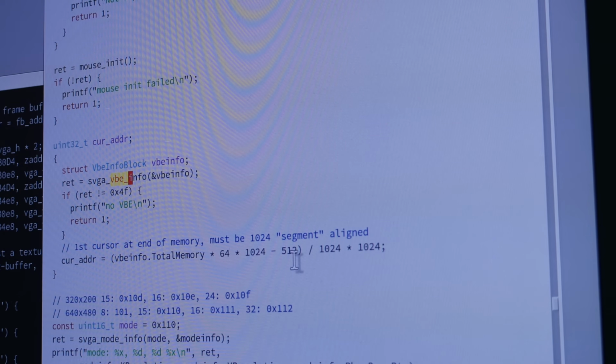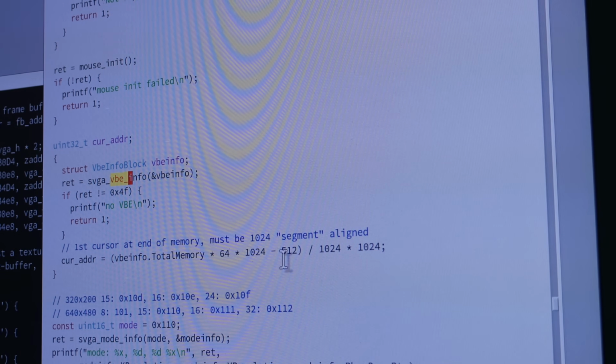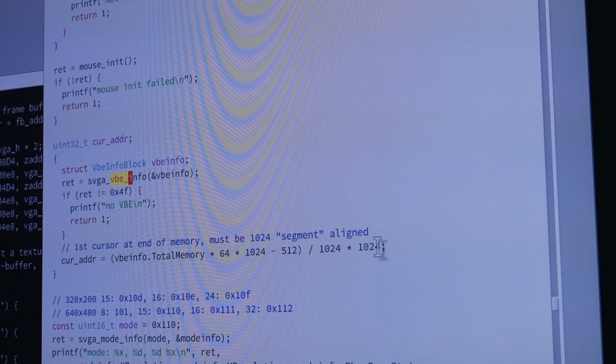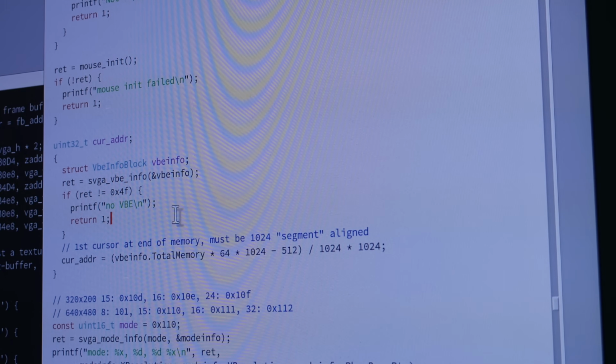And our cursor is 512 bytes, however, in the S3 Virge we need to align this to 1024 byte segments of this graphic card, because the first bits are ignored, so just divide it by 1024 just to multiply it again. We could also skip this, but I think this is mostly more readable, or at least how it's usually written. So that fixes our cursor.